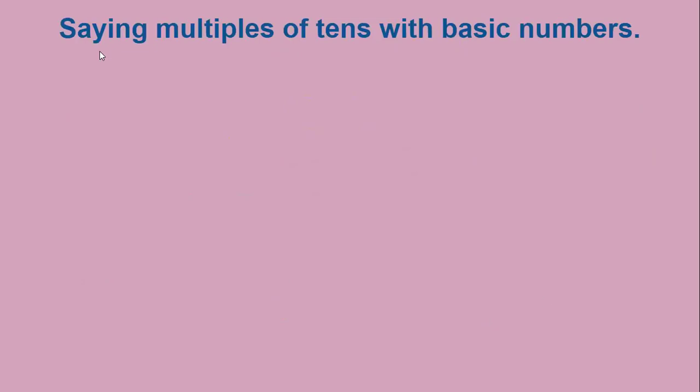In this section, we look at saying multiples of 10 with basic numbers. In this case, we are going to take those multiples of 10. For example, if we take 30, then we add it with, let's say, 5.